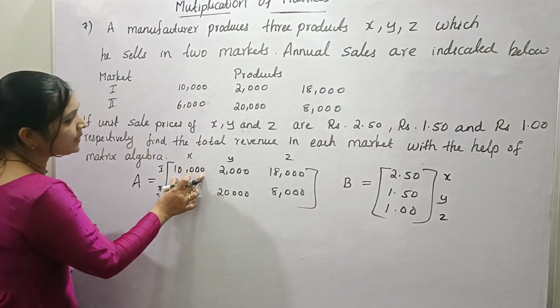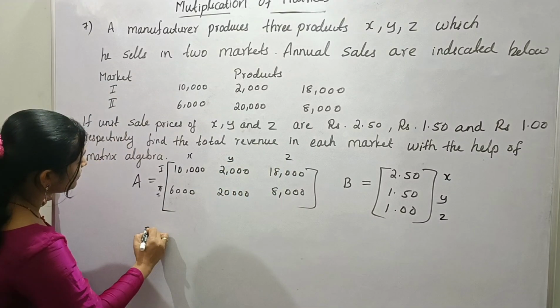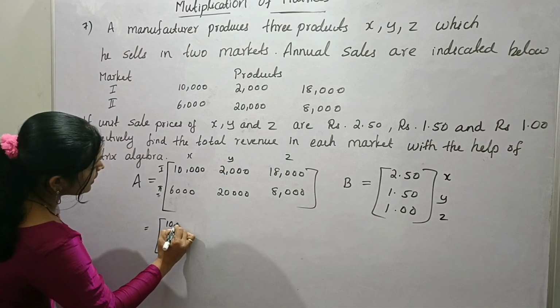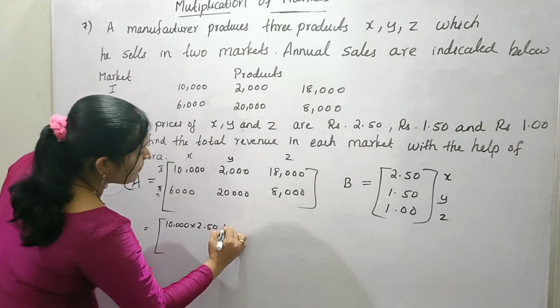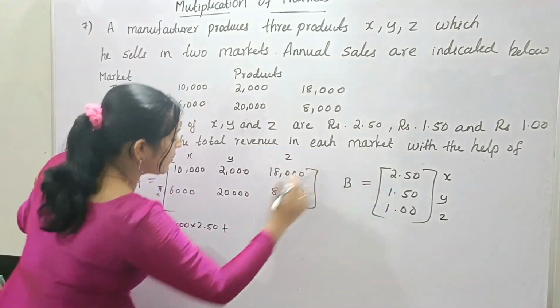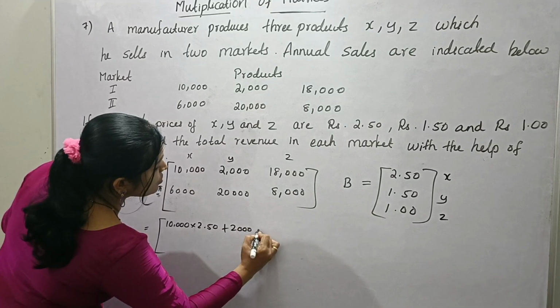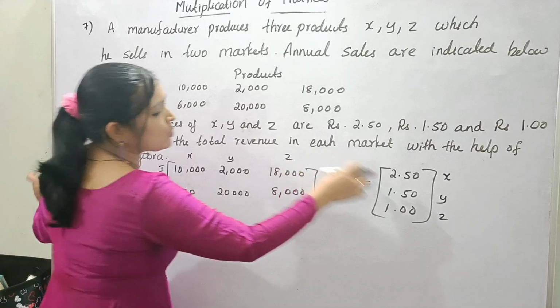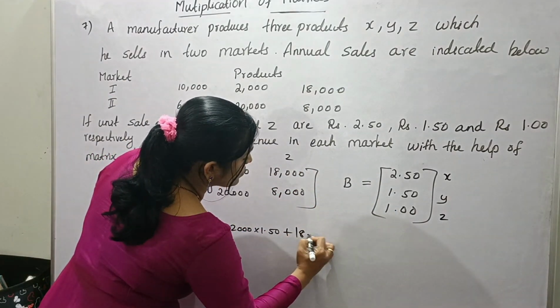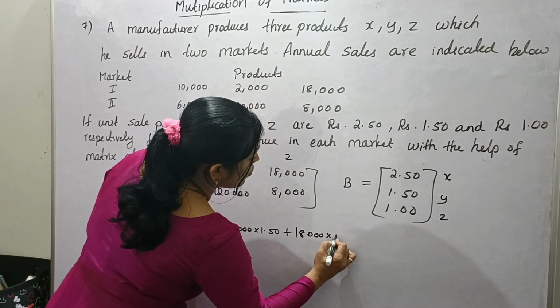That is 10,000 into 2.50 plus 2,000 into 1.50 plus 18,000 into 1.